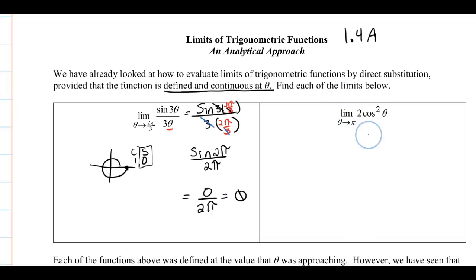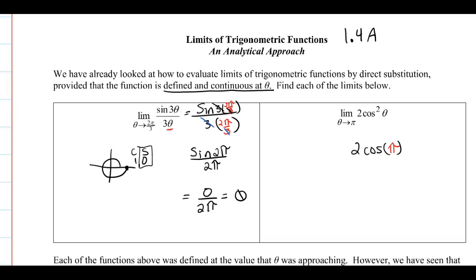We have a similar situation with this function where I'm taking the limit as theta approaches pi. There isn't even a fraction here, and cosine is continuous on its own, so I can just substitute this in to cosine theta equals pi.